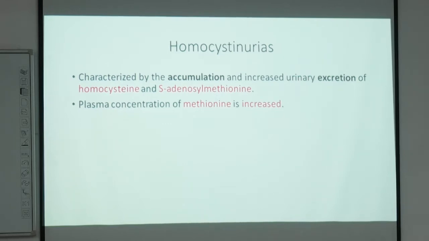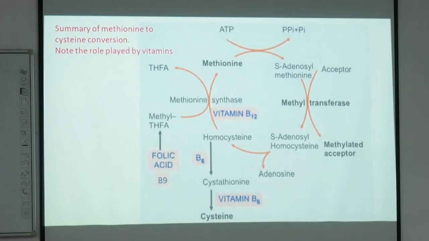So in homocystinuria, homocysteine is getting excreted in high amount in the urine. So here is methionine. From methionine, SAM is first produced. From SAM, SAH is produced, S-adenosyl homocysteine. From here, homocysteine is produced.